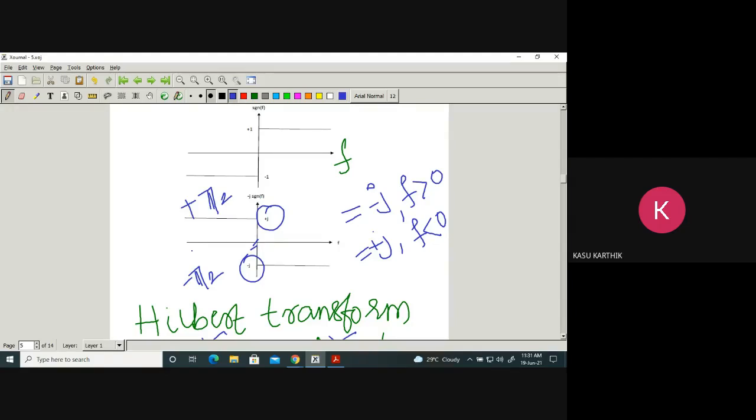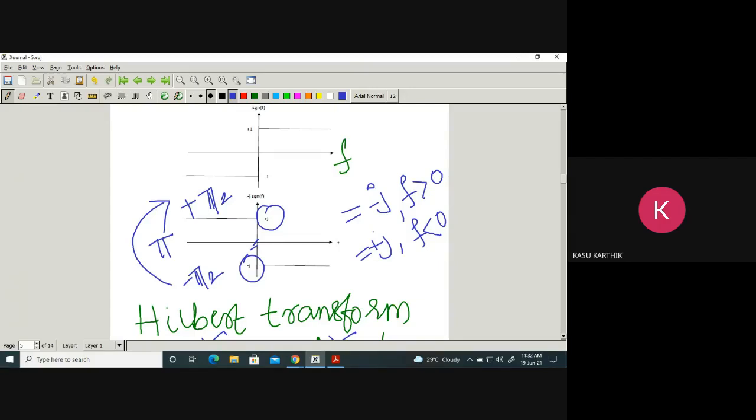Suddenly at zero frequency, there should be a phase change of pi, because it should go from minus pi by 2 to plus pi by 2. How much is the shift? Pi. So there is a discontinuity at zero frequency. There should be an abrupt phase change of pi radians or 180 degrees. So that is not ideally realizable. So that is the problem of the second method, that is phase shifting method. In the first method, the problem is having ideal filters. So both are not precise. Ideal filters, ideal Hilbert transform.